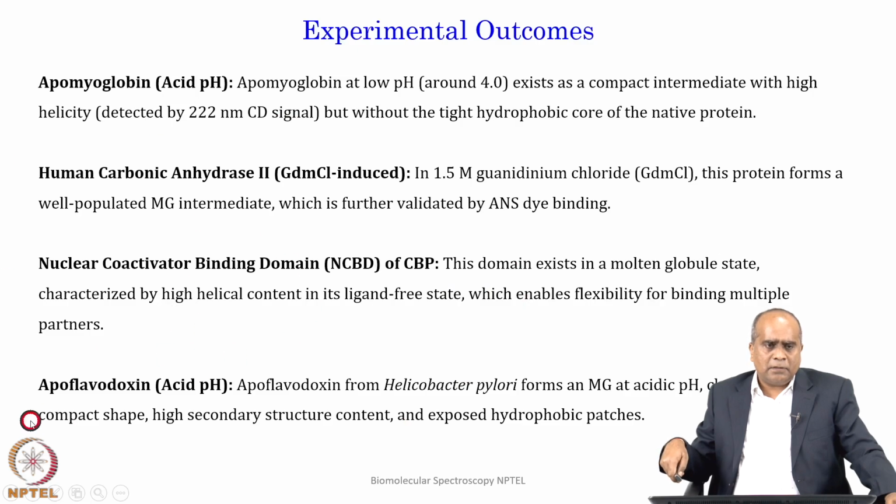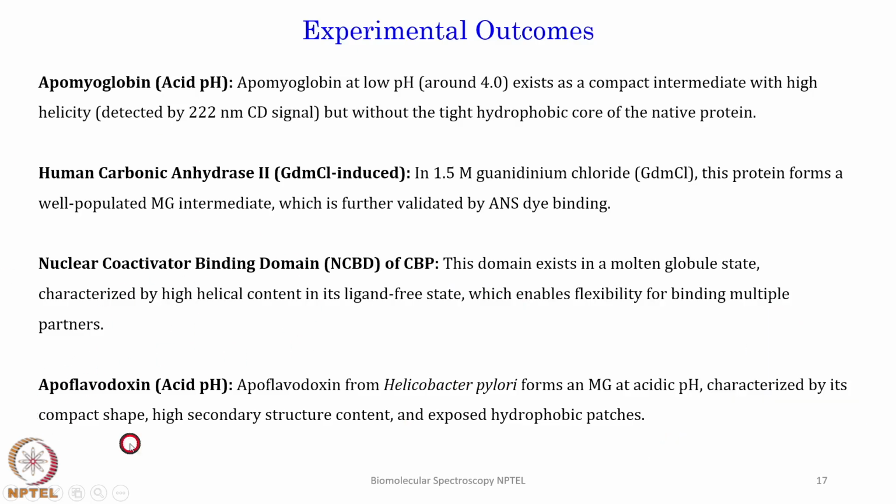Another protein, apoflavodoxin from Helicobacter pylori, forms the molten globule state at acidic pH, and that can also be characterized by compact shape, high secondary structure content and exposed surface area, which can again be probed by hydrophobic dyes.